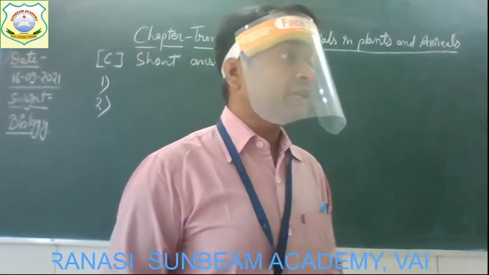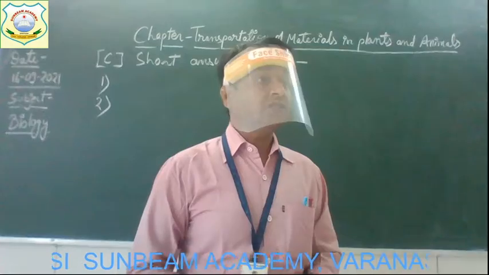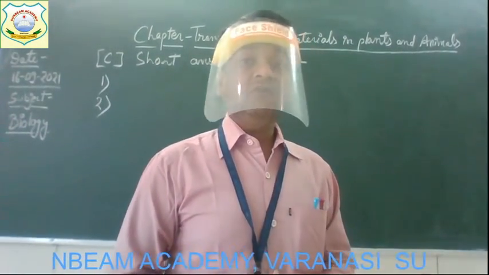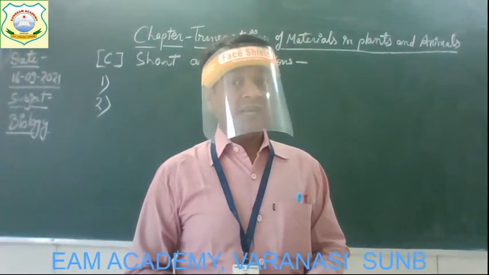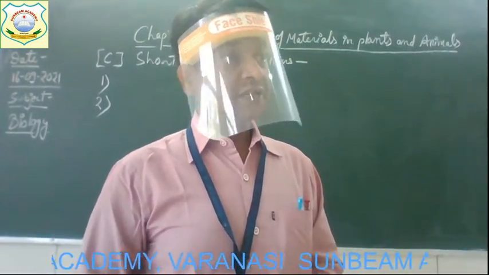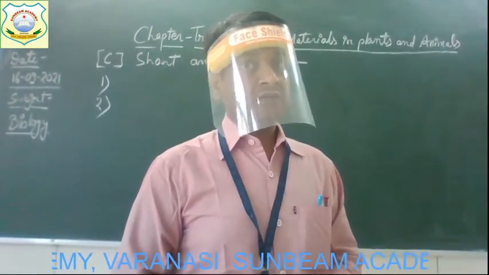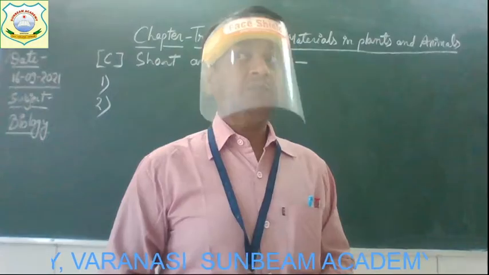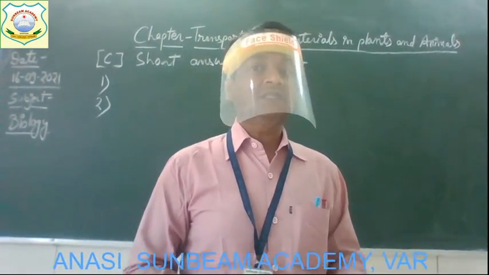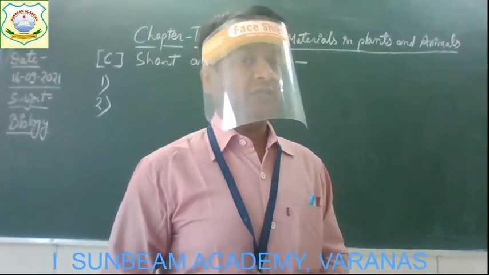Transpiration is the process of losing water in the form of water vapors from the leaves of a plant. Understood everyone? The process of losing water in the form of water vapors from the plants is known as transpiration.